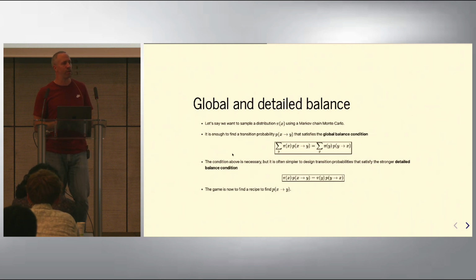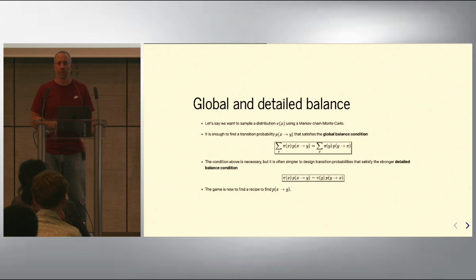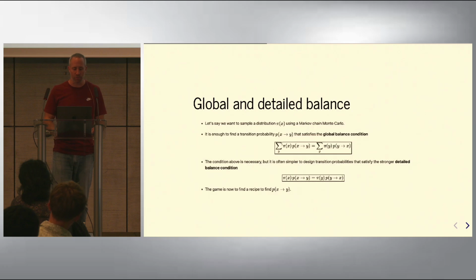And that equation is a very important one. It's called the balance condition, or sometimes the global balance condition. So whenever you find a transition probability p that satisfies for all values of x this balance condition, you're guaranteed, if the Markov chain goes to a stationary probability distribution, that it goes where you want.